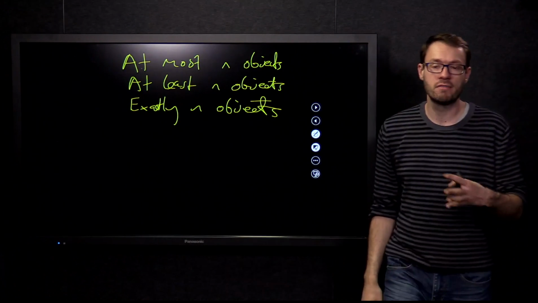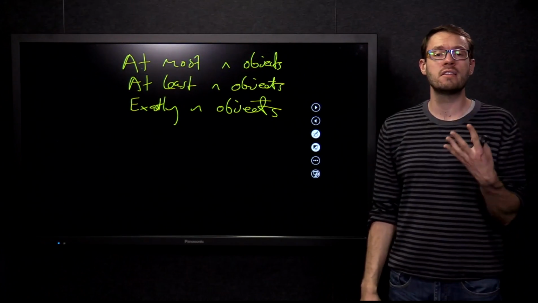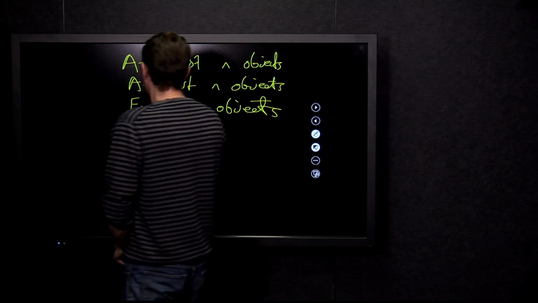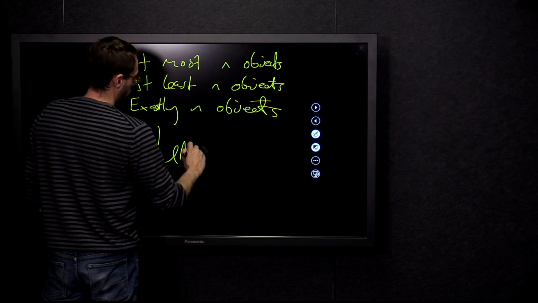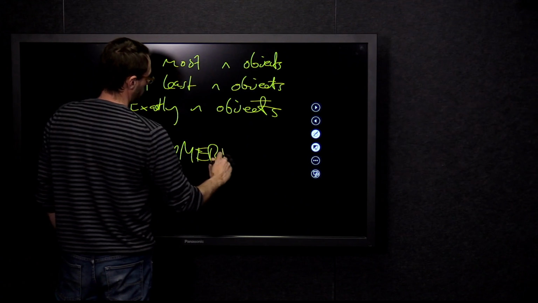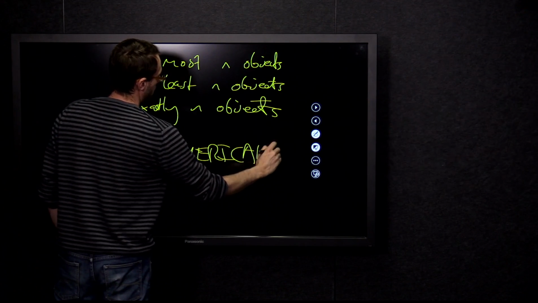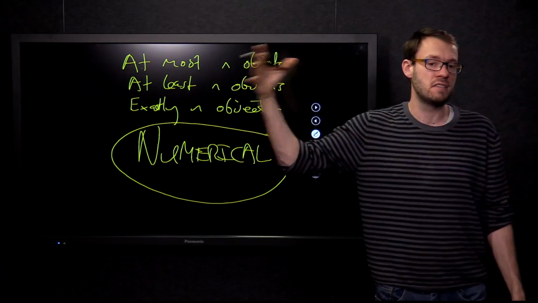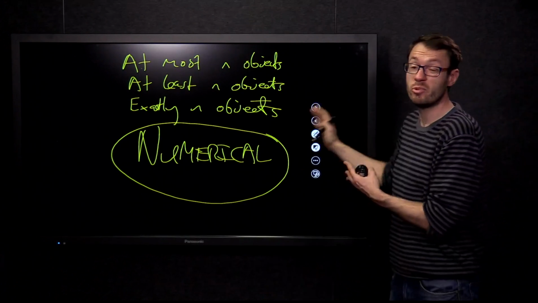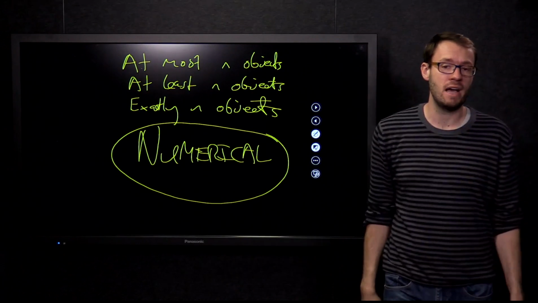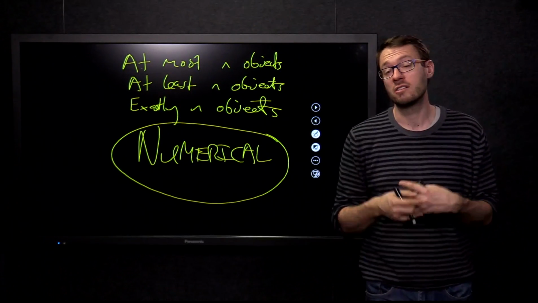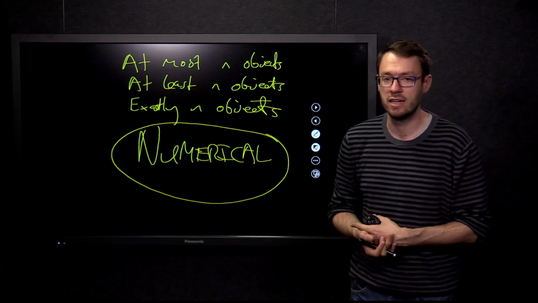So we can say all 3 of those things using only the terms inside general predicate logic. And these are all called numerical quantifiers or numerical quantification. And it's numerical because we get to talk about the number of things that there are. And this is really, really useful because we often want to talk about there being at least so many things or at most so many things or exactly so many things. So it's really useful for being able to translate out arguments.